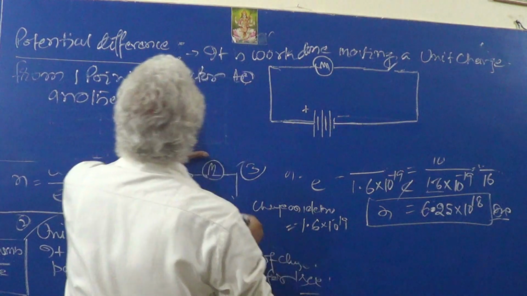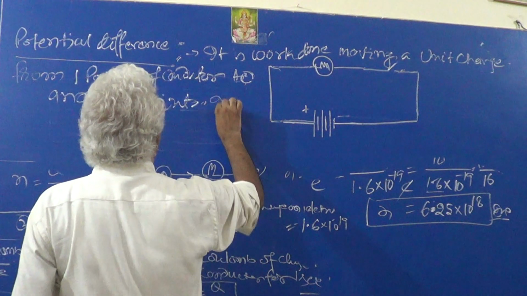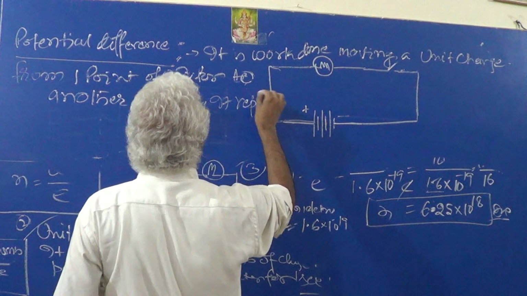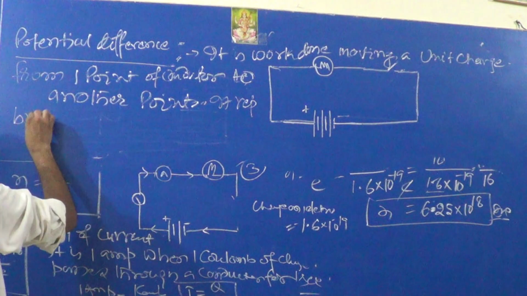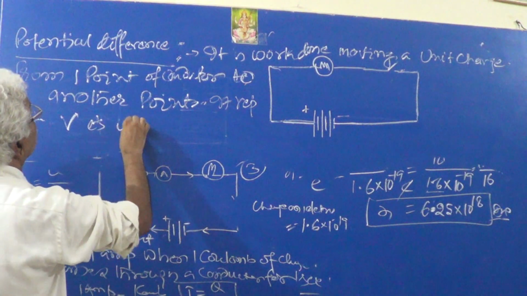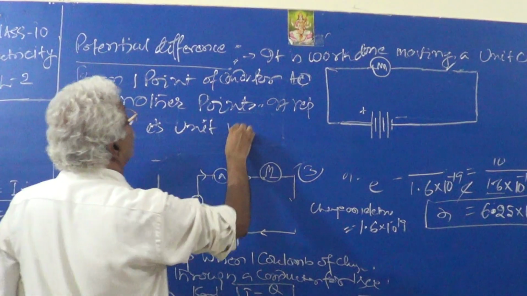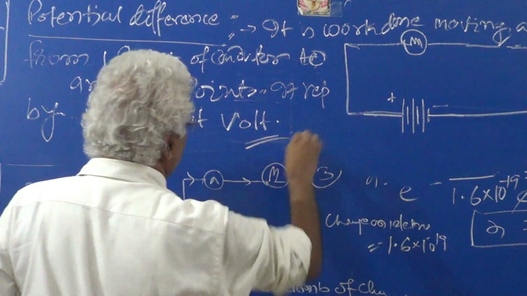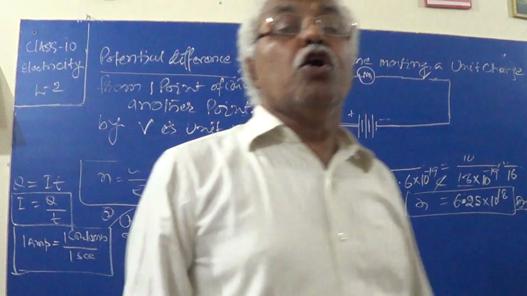It is represented by V, and its unit is volt. Okay. So now this is your potential difference.